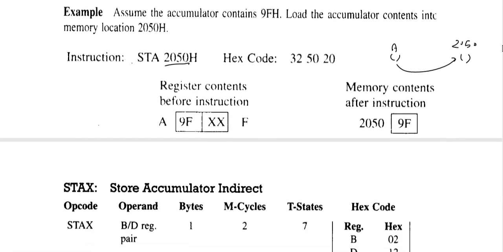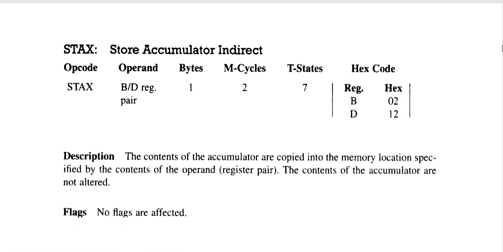In the same manner, we have the STAX instruction, and if we talk about machine cycles, it has the same machine cycles as LDA and LDAX. In STAX, the address is in the register pair. For example, STAX B means the address is in the BC register pair.